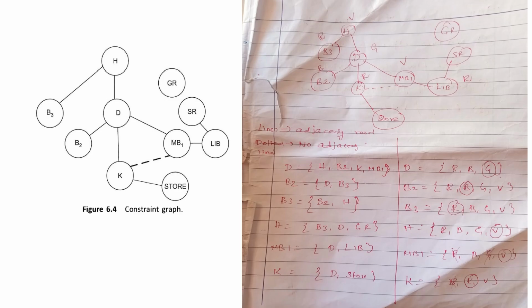That is the adjacency graph, we connect the rooms with the adjacency graph, and we maintain it for the regions. And here we can fix the domains. Domains means colors, we are going to fix them. For example, the D is the region, and the domains are the colors.